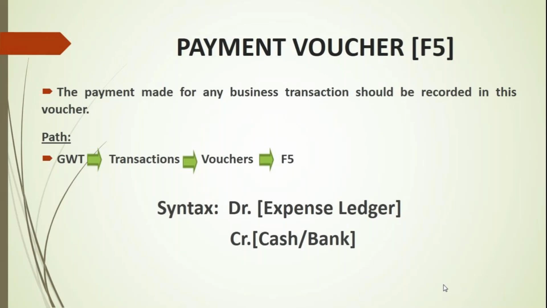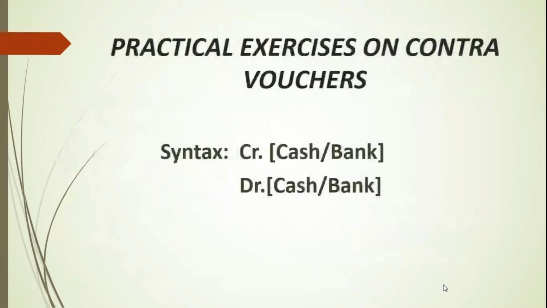And most important here is the syntax. Now, how did the contra voucher appear? The credit came first, then the debit. Yes, all of us witnessed it. The credit aspect appeared first and then the debit aspect. So the credit was cash, otherwise bank we have to select. Debit also either cash, otherwise bank we have to select.